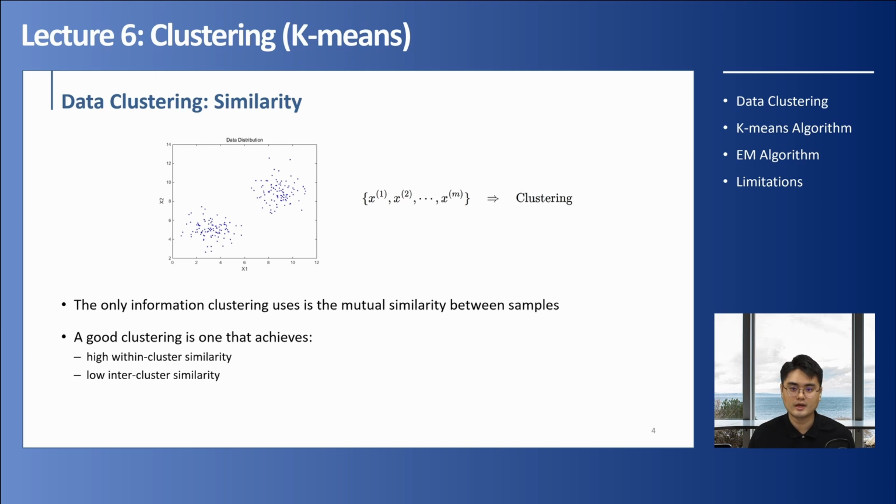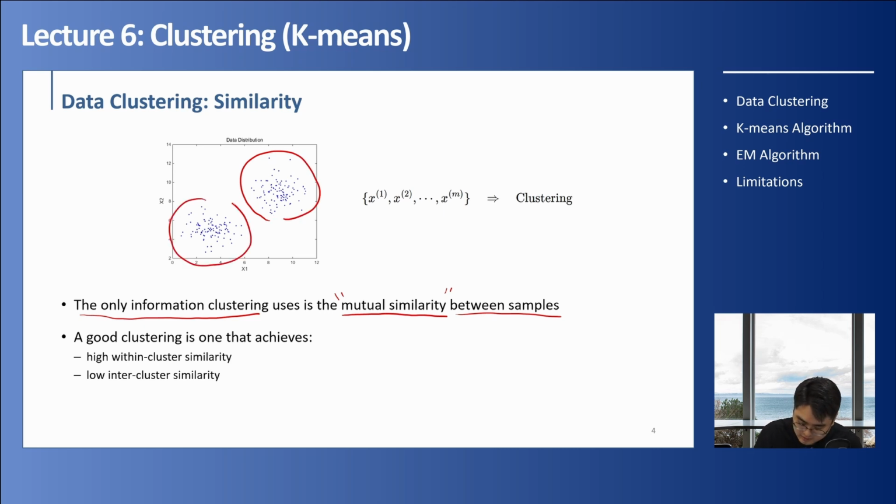When we're doing data clustering, the only information clustering uses is the mutual similarity between samples. And when we're talking about these similarities, we're talking about something like this. For example, we want to have low similarity between these 2 groups of data points. However, we want to have high similarity within the cluster.